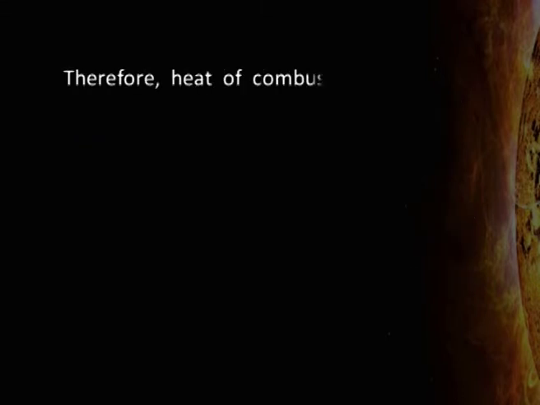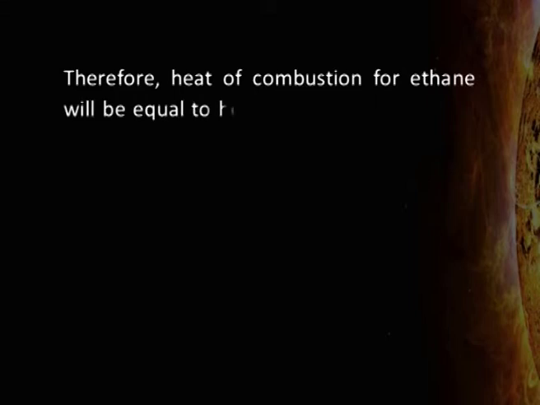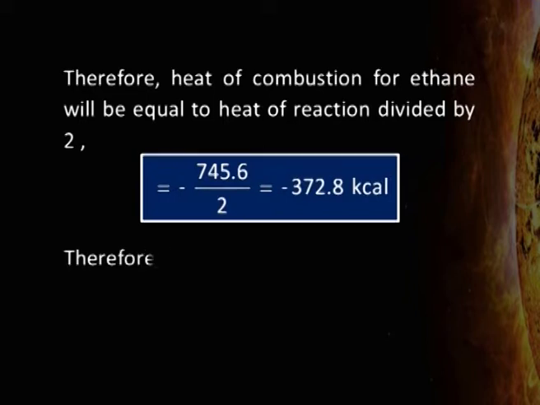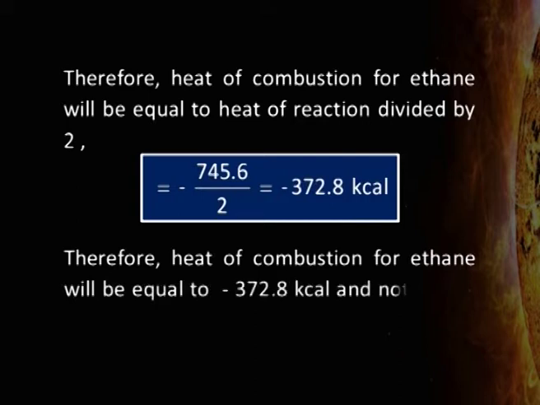Therefore, heat of combustion for ethane will be equal to heat of reaction divided by 2, that is minus 745.6 divided by 2, which is equal to minus 372.8 kilocalories, and not minus 745.6 kilocalories.